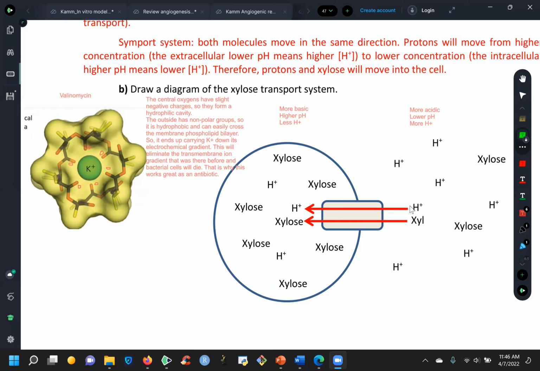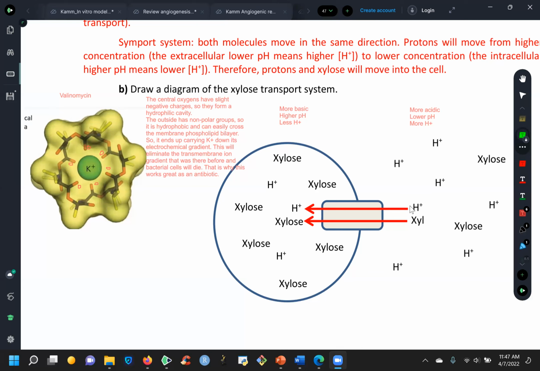On the outside, valinomycin has nonpolar, hydrophobic groups. So all of this is nonpolar, and that's fantastic because it is small, it is not charged, and it is hydrophobic. So what does that mean about its permeability through the plasma membrane? It can cross easily.